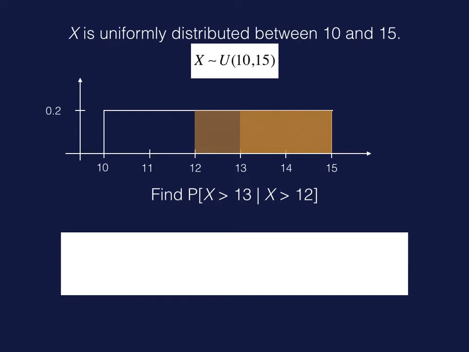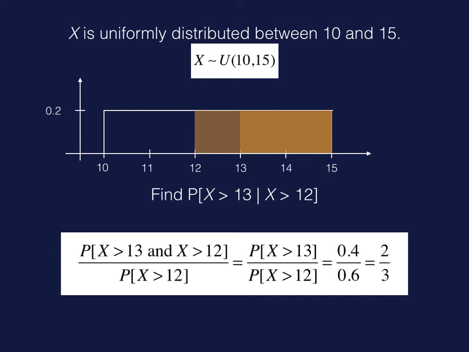It's where x is bigger than 13 and bigger than 12, which you can see is just bigger than 13. It's the same thing. So x being bigger than 13 has an area of 0.4. X being bigger than 12 has an area of 0.6. And we're left with a probability of 2/3.